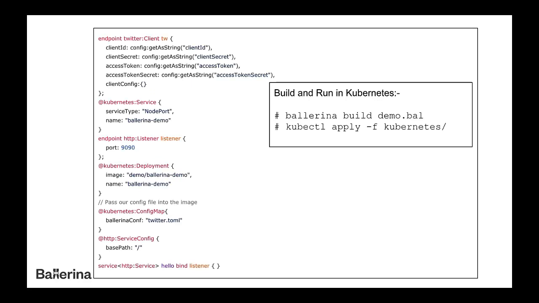So when you are writing code and doing the deployments, you don't do any extra steps to deploy into these environments. What you would do is, in the same code, you basically annotate your specific constructs like endpoints and services, saying, okay, I want to deploy this into a Kubernetes environment, and that's it.